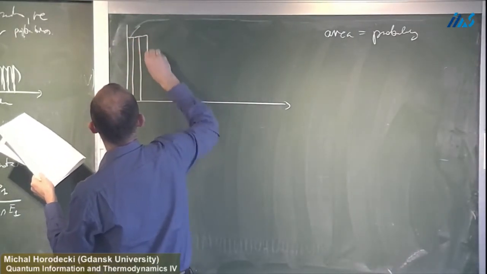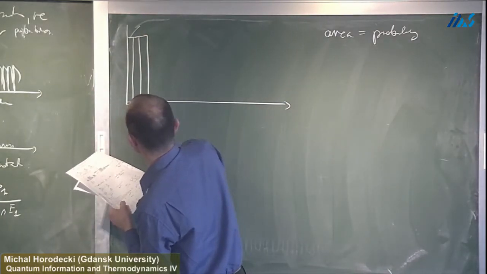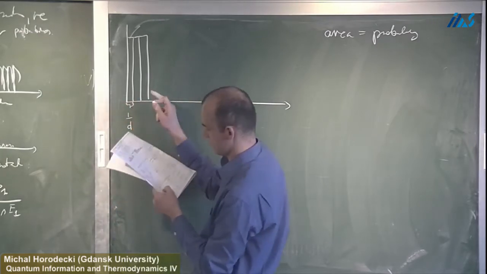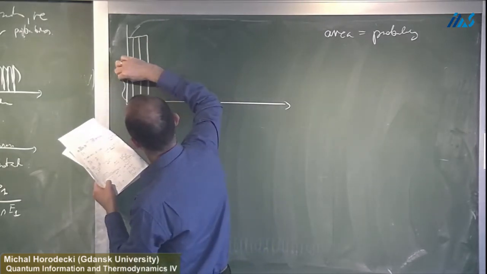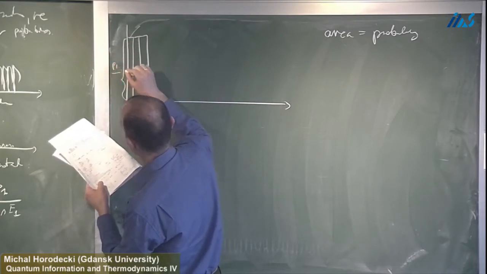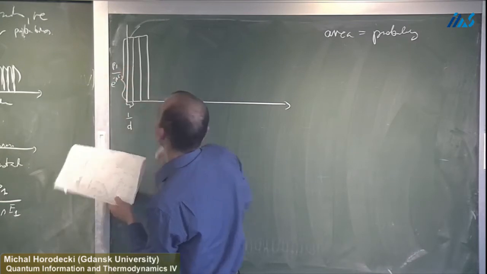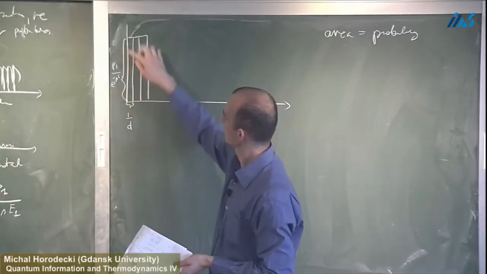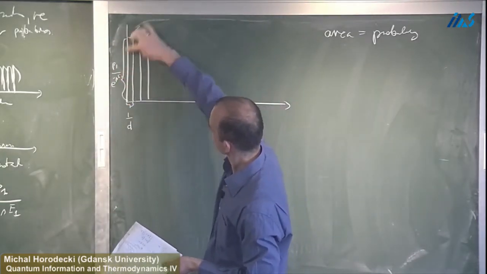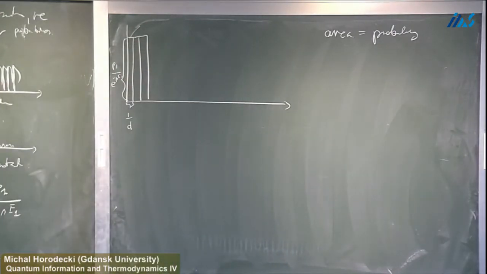This will be 1 over d, this very small thing. This will be P1 over E2 minus beta E1. So you see now, if I multiply this with this, I get precisely the probability, right?